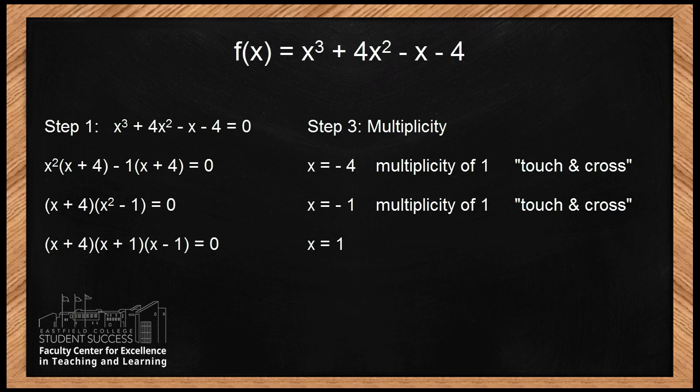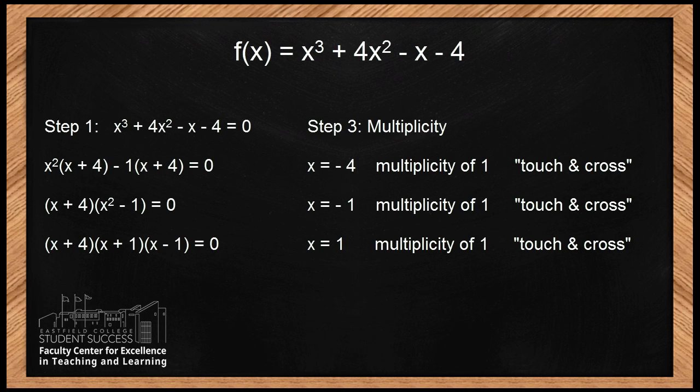Go back and look at the exponent on x minus 1. The exponent is 1. Hence, multiplicity of 1. The graph will touch and cross. So our function touches and crosses at every one of these roots or zeros.